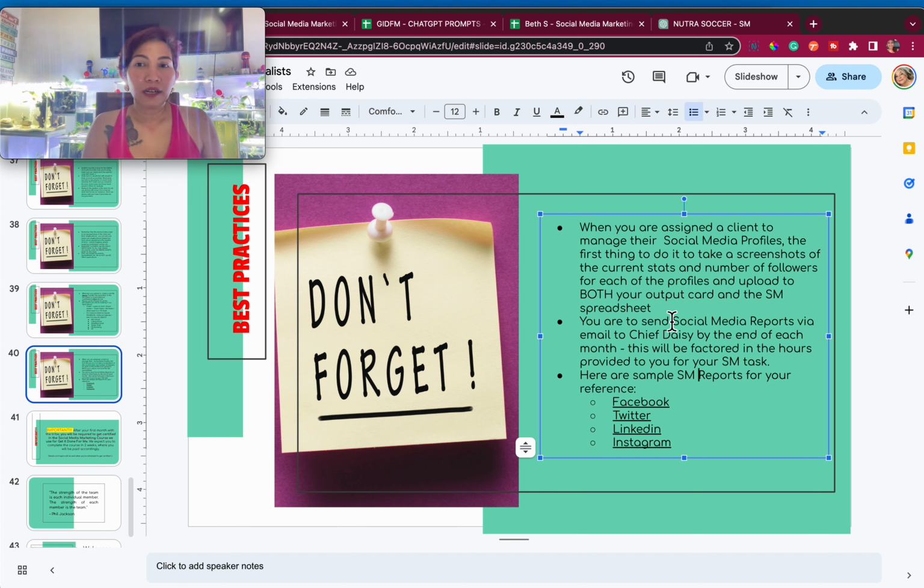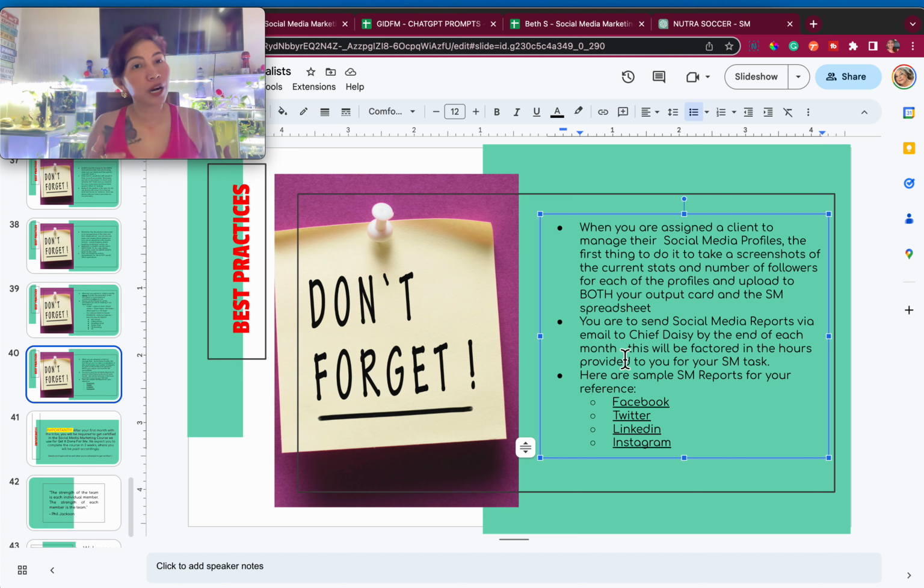And with that, you are required to send social media reports for each of the platforms every month. TM Shane is going to assign that your way. But here are some sample reports that we send to the client, again for accountability and ownership, because we want to see what progress you make.